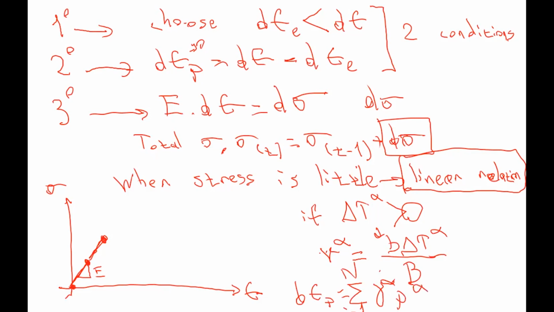Then, of course, let me go to the second page. The epsilon p is equal to total strain minus the elastic strain.